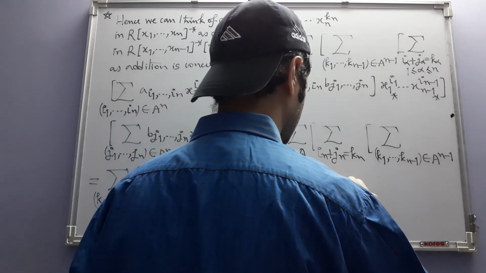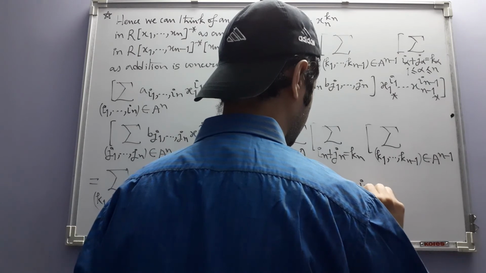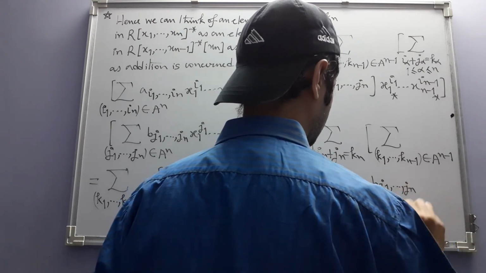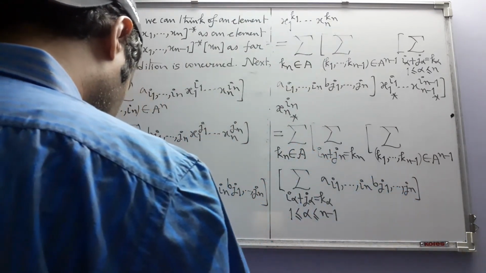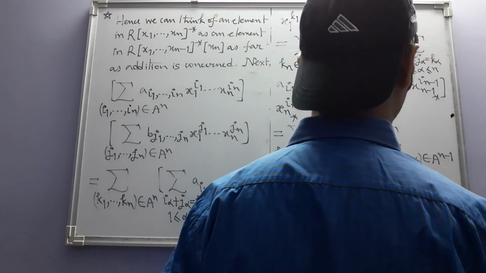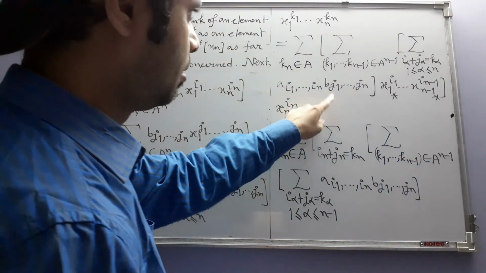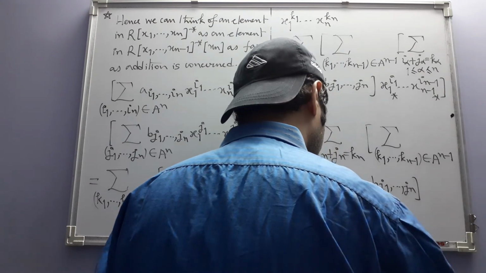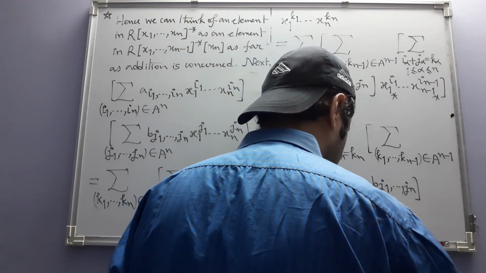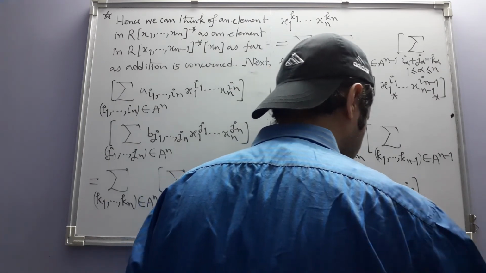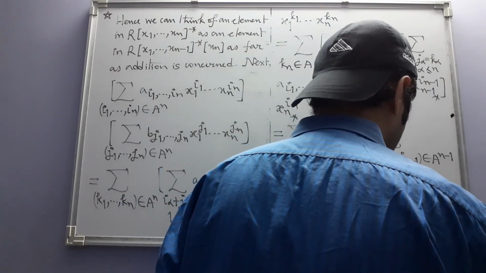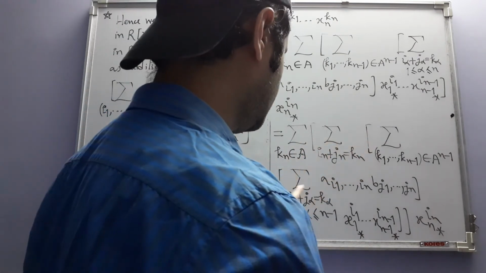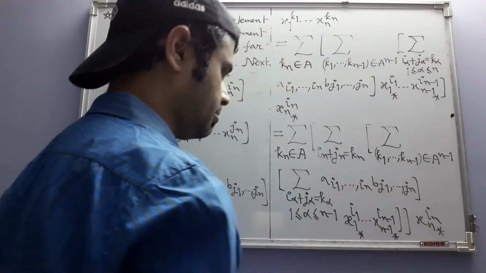And inside this we have this times x1 star to the power I1, x2 star to the power I2, up to xn minus 1 star to the power In minus 1, xn star to the power In.